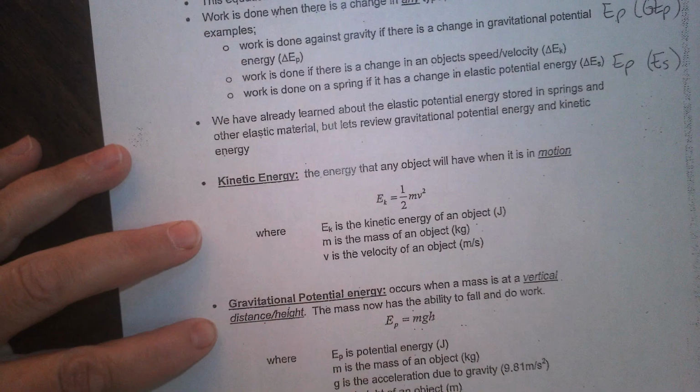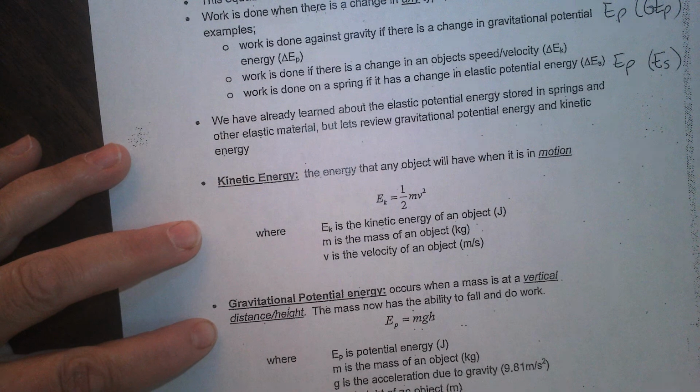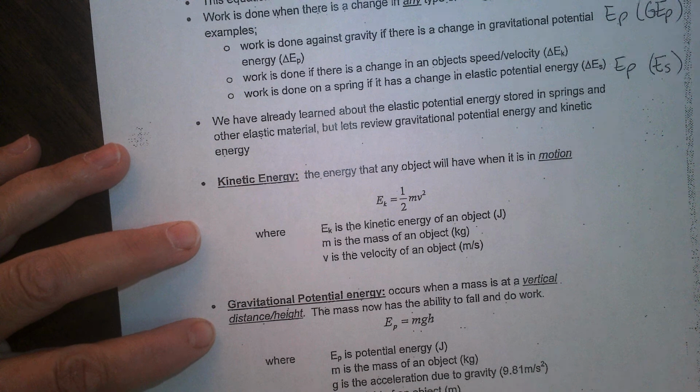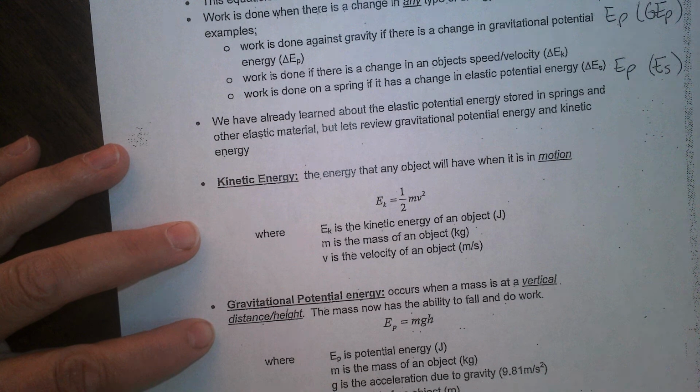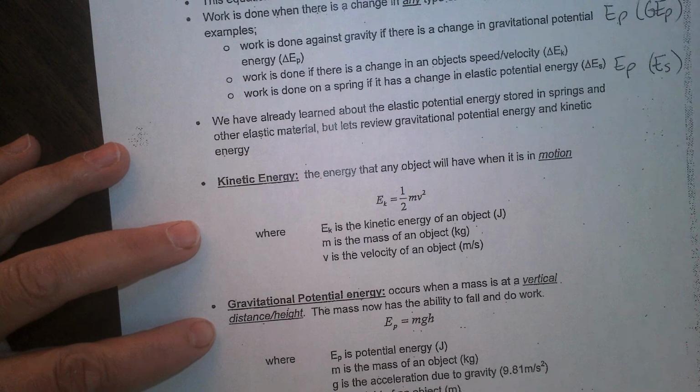So we've learned about the elastic potential energy in springs, but we haven't really looked at gravitational potential energy and kinetic energy. In fact, we haven't really looked at those since grade 8 when we were looking at mechanical energy. So it's been a really long time since we've looked at those.